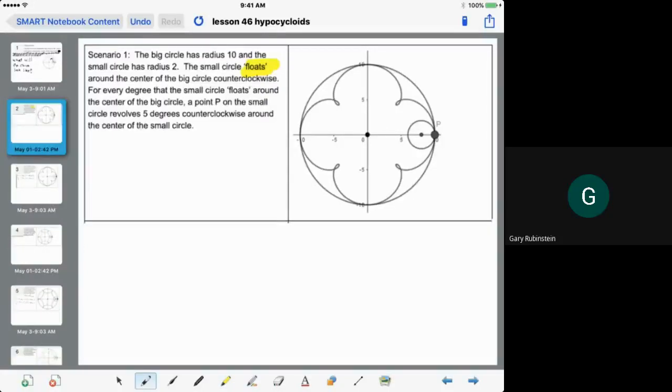So this circle here is floating around. And when you're floating, you have to be told also what the rate of revolution is, like for every 1 degree it revolves, how many degrees does it rotate?